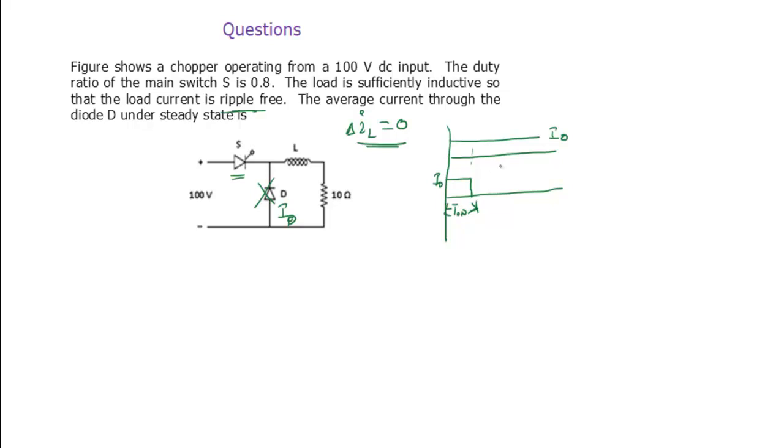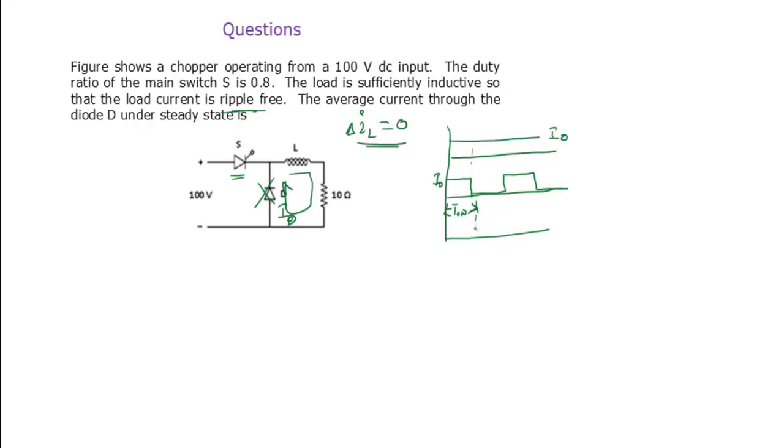Okay, then again when the switch is off, to control the output voltage, the load current forces the diode to be turned on. In that case, this inductor is supplying that load current again. So that means during this period it is 0, then again it will be I0, then it is 0, and so on.